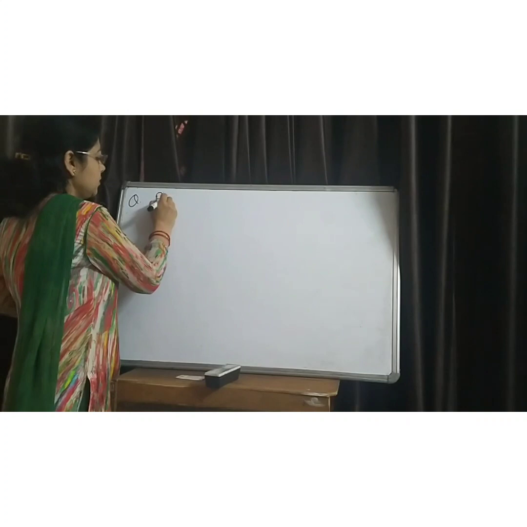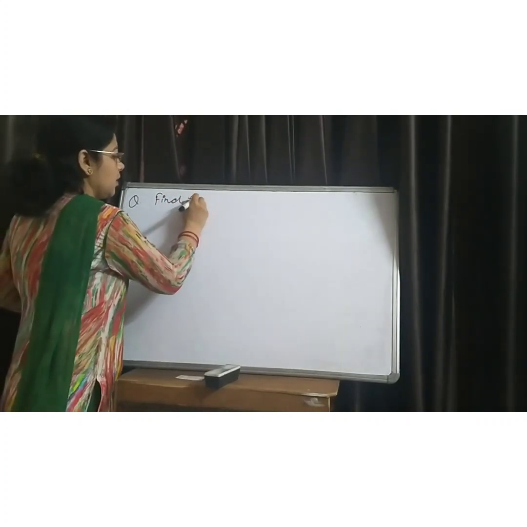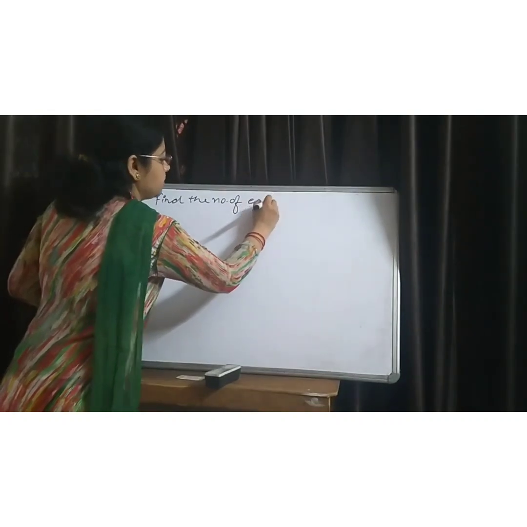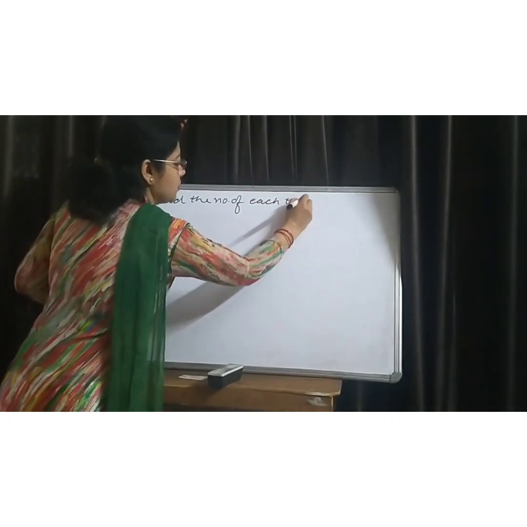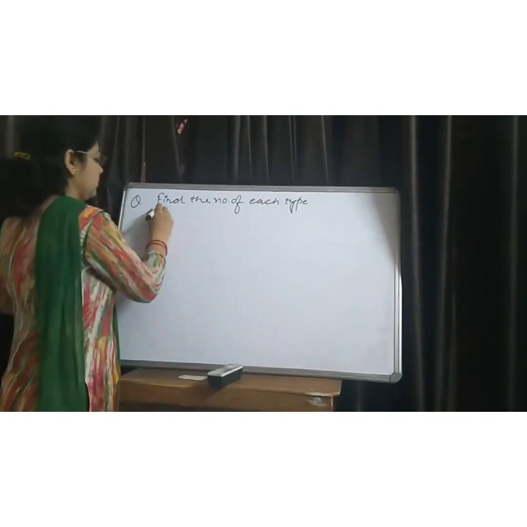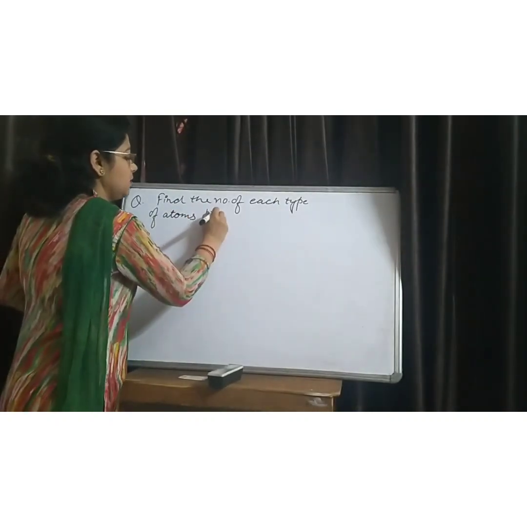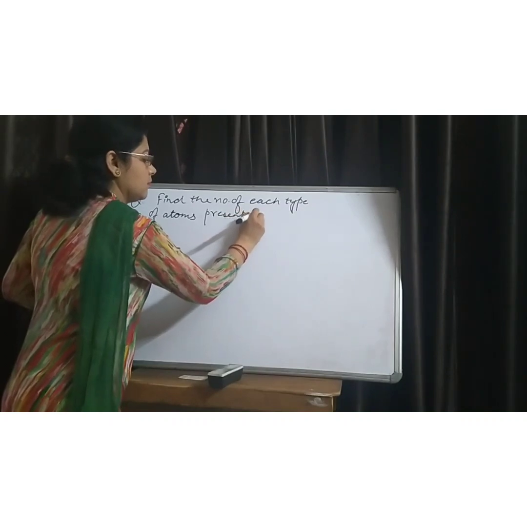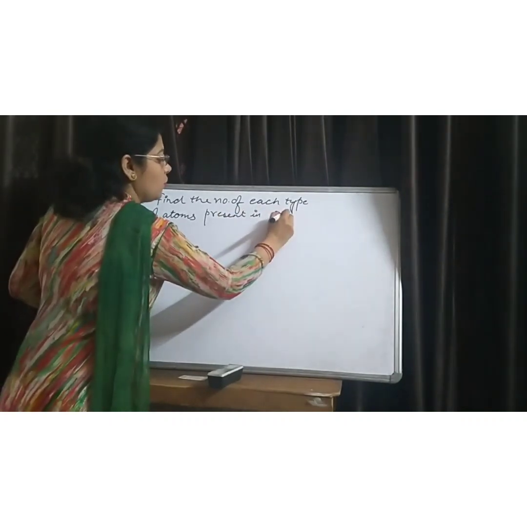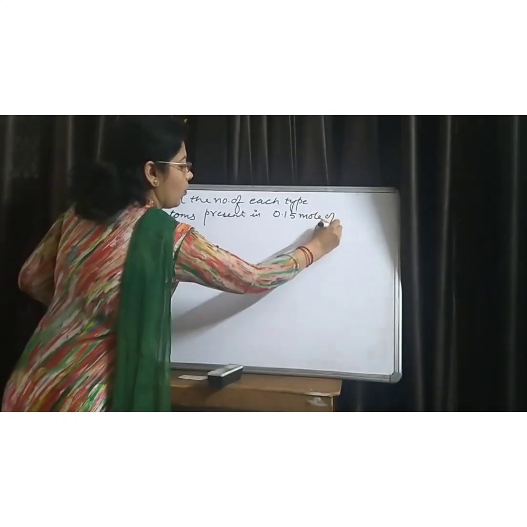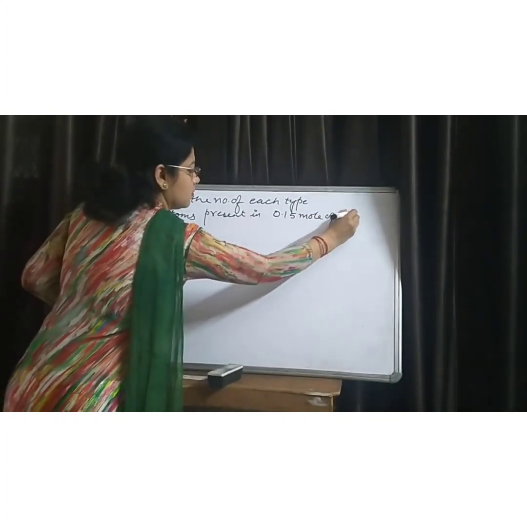The question is, find the number of each type of atoms present in 0.15 mole of water.